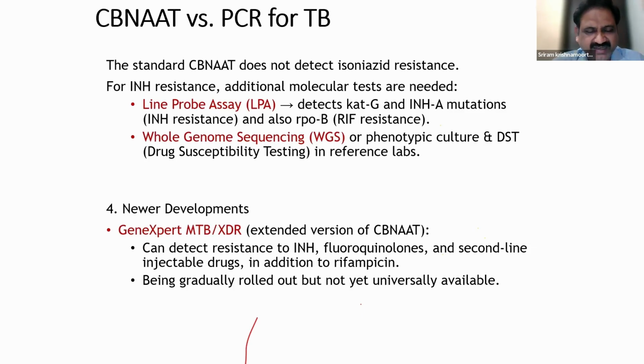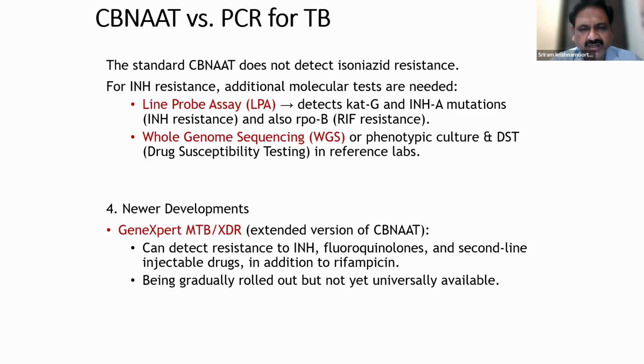Nowadays, what happens is that there is an extended GeneXpert, which is called extended CB NAAT, or GeneXpert MTB XDR, for drug resistance. So we were talking about GeneXpert or CB NAAT. Now there's another development called the GeneXpert MTB XDR. XDR is extended drug resistance. Earlier we were talking only about sensitivity or resistance to rifampicin.